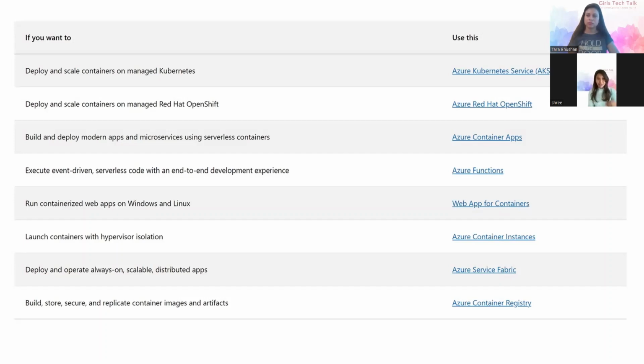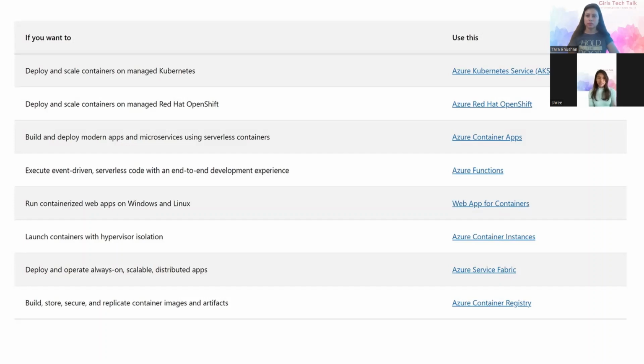But if you are just starting with containers, I would say you should start with Azure Container Instance, because it works as a single pod. In general, it gives you virtualization of a Windows or Linux OS.